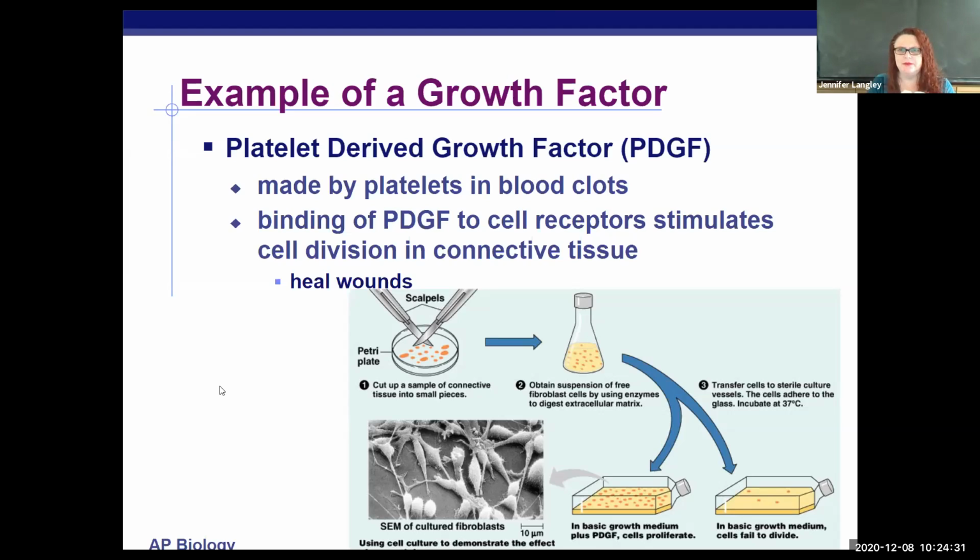So when you get a cut, these platelets come in, and you can see here that they're starting to pack together. They will pack together to close up that opening, but they send out a ligand that stimulates cell division in the tissue around it, that connective tissue, and allows us to heal wounds.